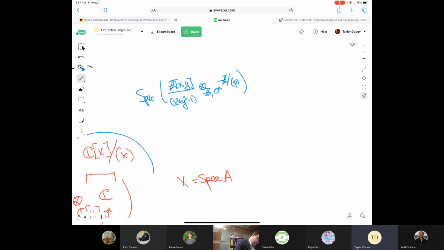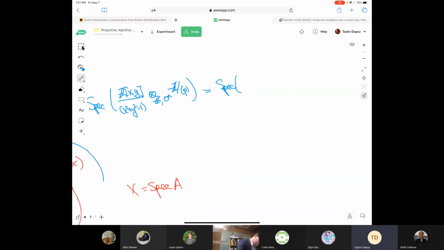And so when we do this, this turns out to be spec of, and then we just reduce the coefficients here. So when we're base changing by a finite field, you get FP xy over x squared plus y squared minus 1.